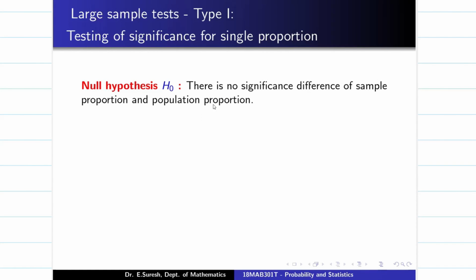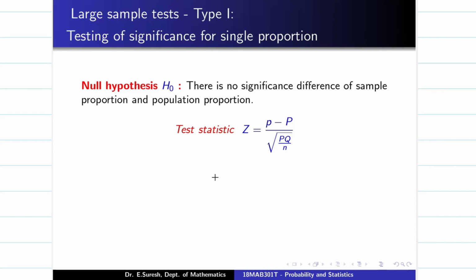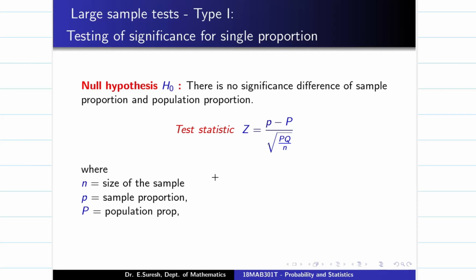As I said, type 1 deals with sample proportion and population proportion. Your formula is the difference between sample proportion and population proportion, where P is given in the question, and from P I can easily calculate Q. N is the size of the sample, small p is the sample proportion, capital P is the population proportion.